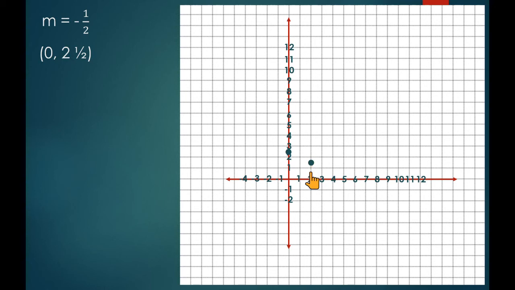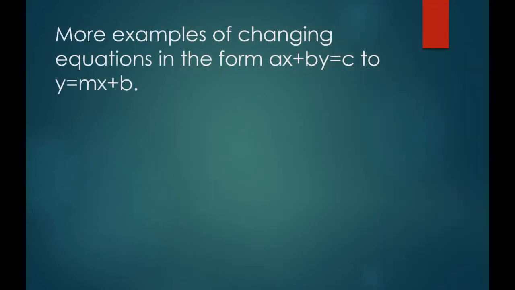Gusto ko pa na isang point, kaya I again fell 1 unit downward and 2 units to the right. So that's it. That's the line or the graph of the linear equation x plus 2y equals 5. Natututo ba mag-graph? Pwede mong ulit-ulitin ang part na to kung nalilito ka pa rin.